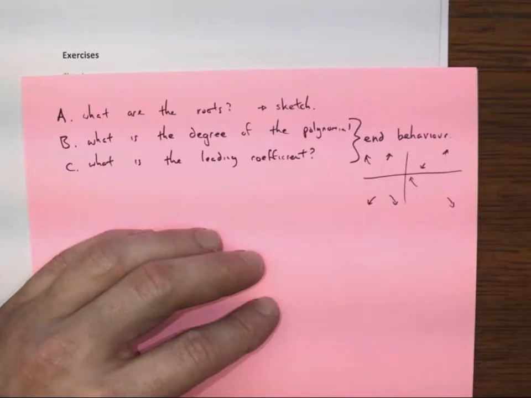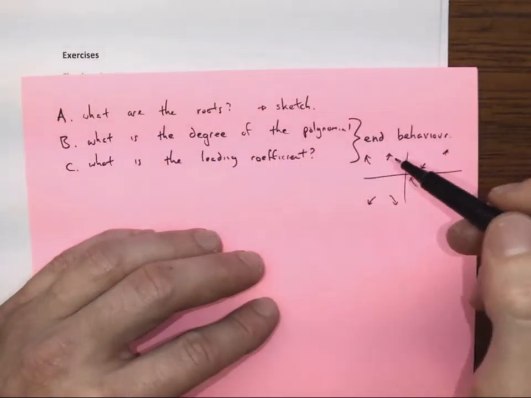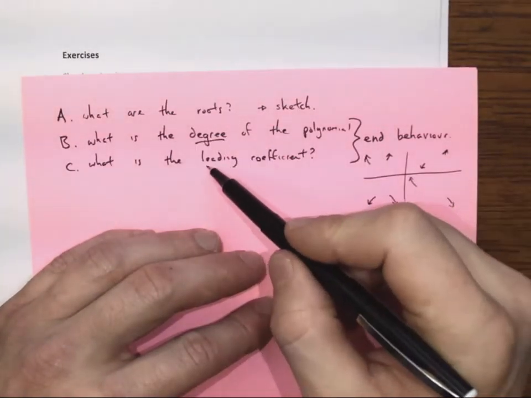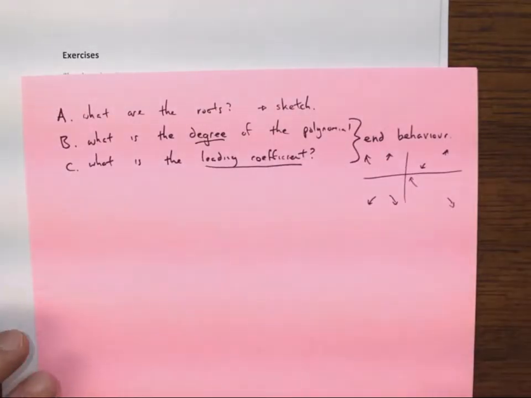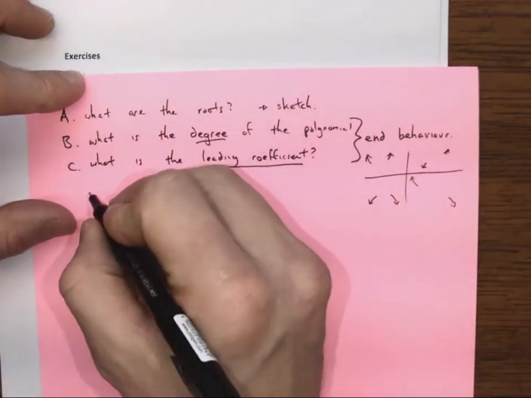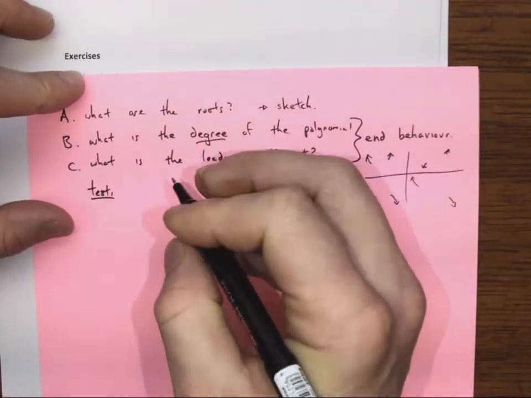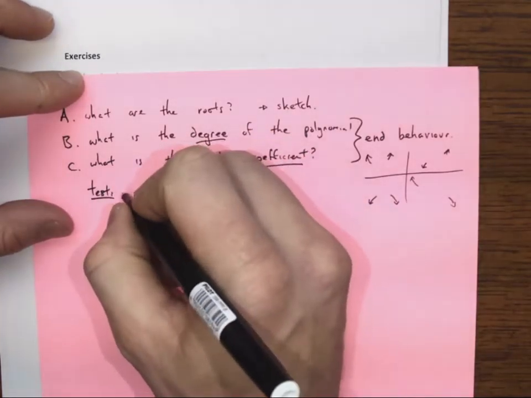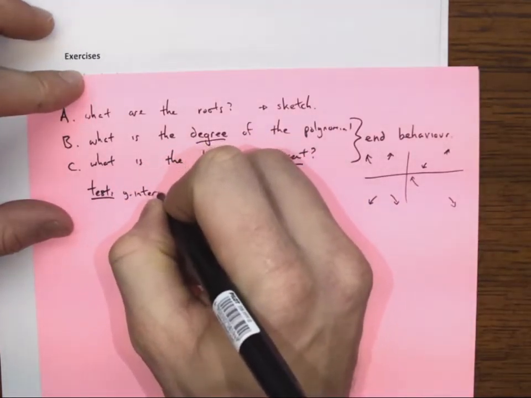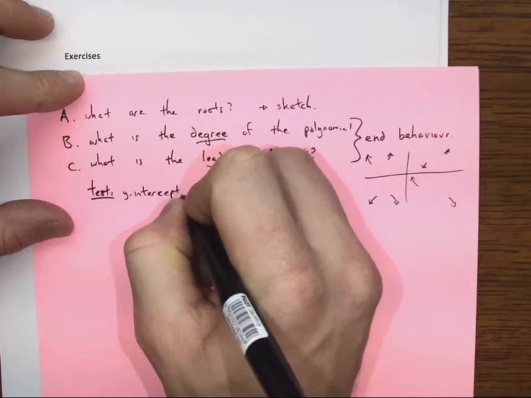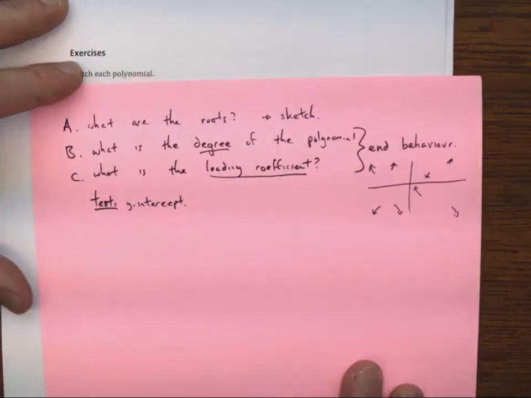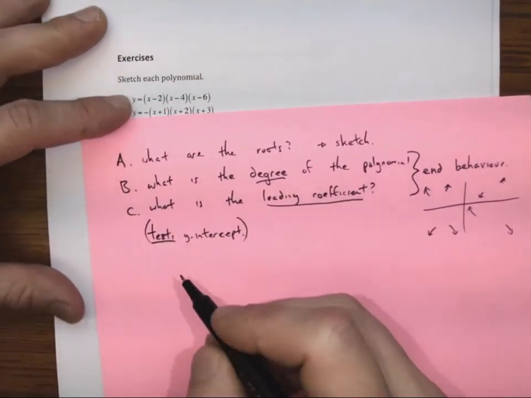And those are our three different possibilities. And we get that information from our degree and our leading coefficient. Lastly, as a test, we can make sure that we've drawn the right graph by finding the y-intercept as well. So that can be our D.